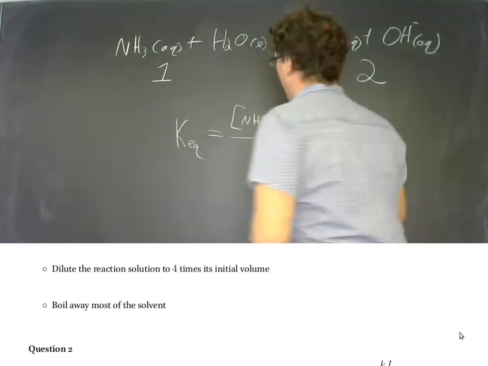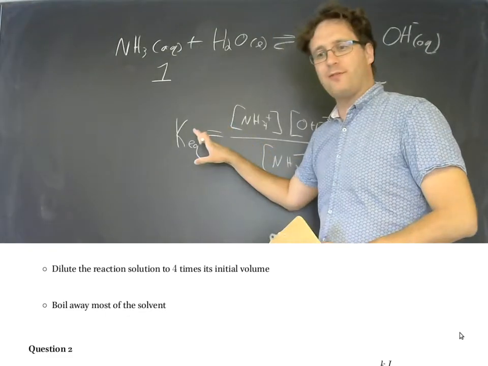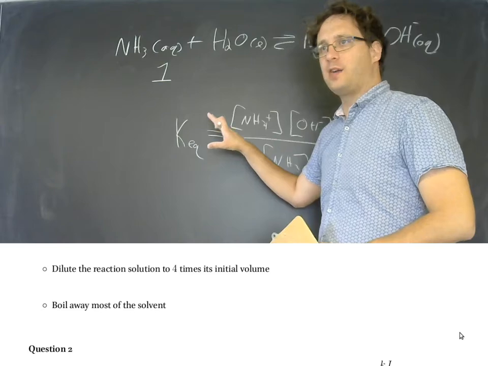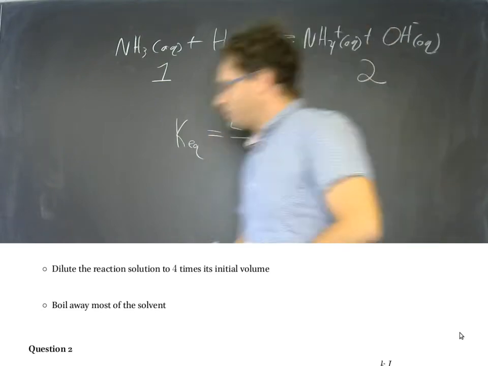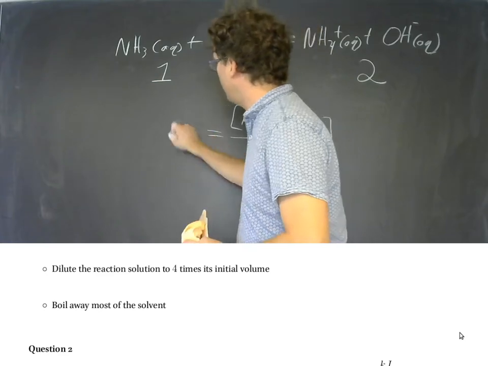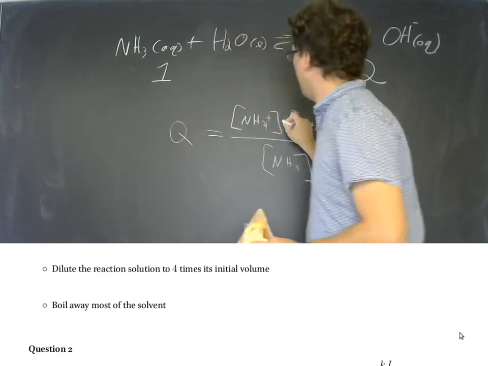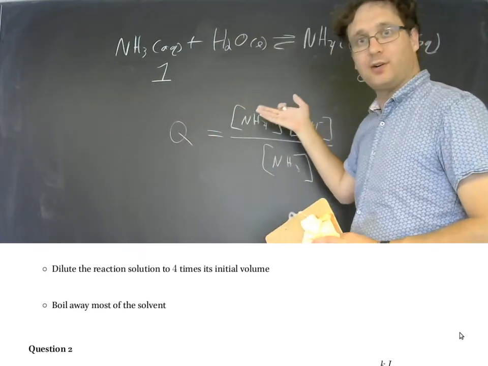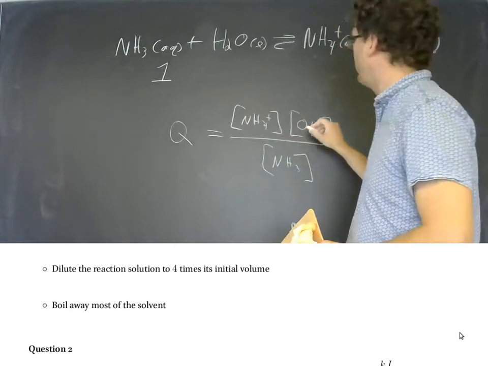If we dilute everything, then we'll no longer be at equilibrium, right? At the moment of dilution, this will become a Q, and let's say we dilute it to 4 times the original volume, like the question suggests.